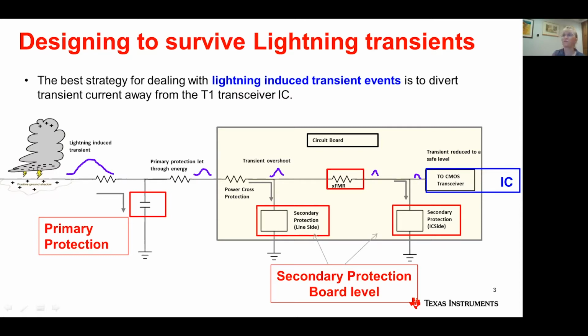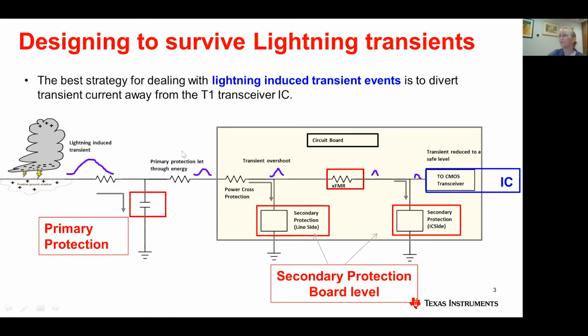So when we talk about designing electronic systems to survive lightning transients, this is work that's been done since we started deploying electronic systems in our environment. The best strategy is to divert the transient away from the system.